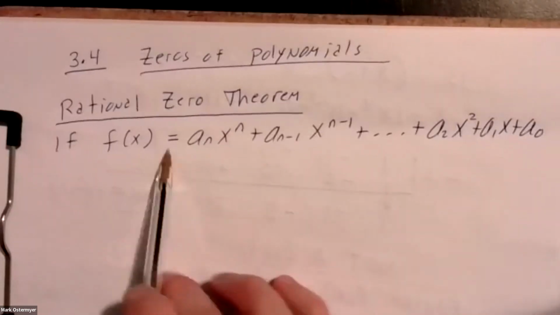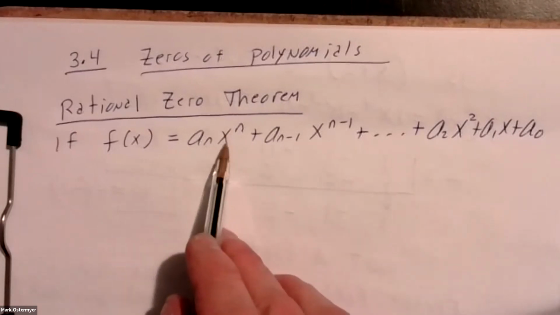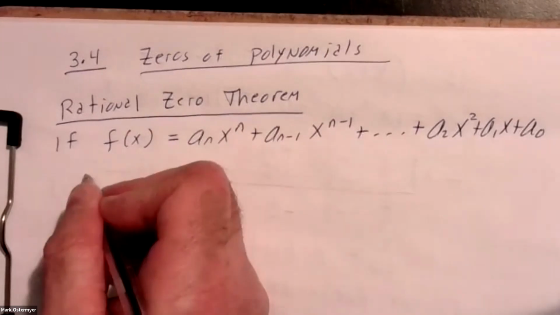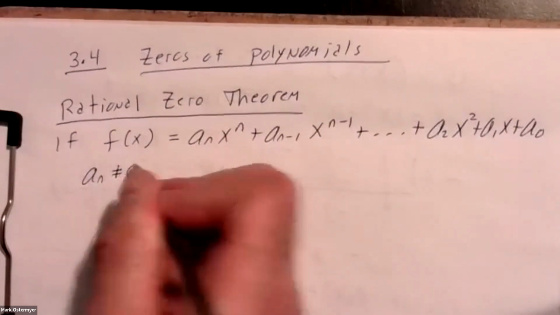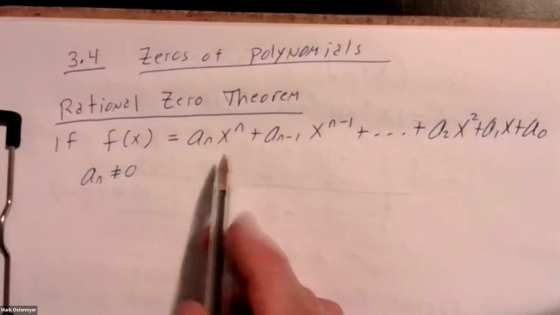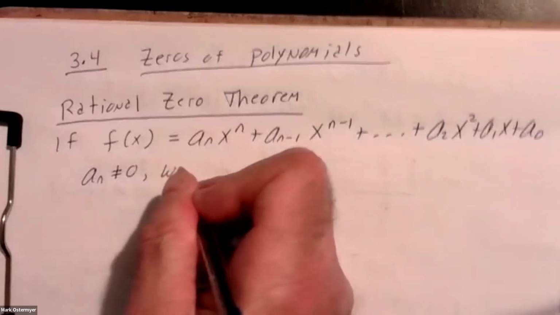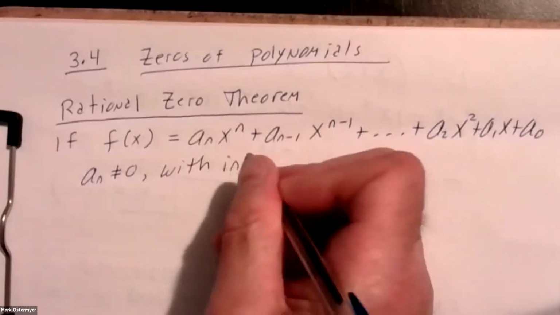The rational zero theorem. This is the third major theorem we're seeing this afternoon here. The rational zero theorem says that if f of x is some nth degree polynomial, and this is a general way of writing an nth degree polynomial, where these a's are just coefficients, okay? And x is the power. Furthermore, to be an nth degree polynomial, we must insist that the leading coefficient, a sub n, cannot be equal to 0. Otherwise, we would not have an nth degree polynomial. Furthermore, ladies and gentlemen, our coefficients have to be integers.